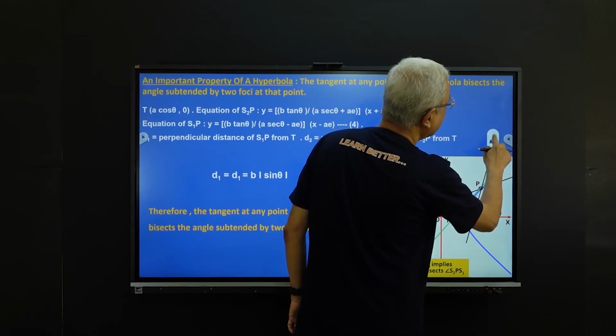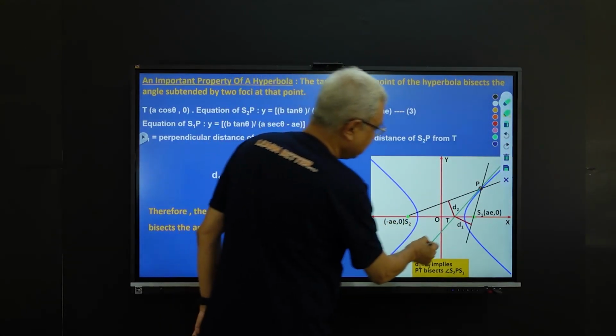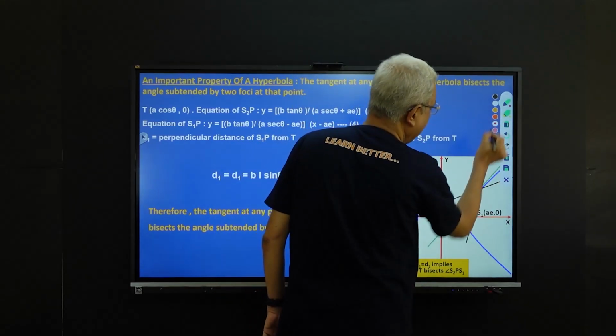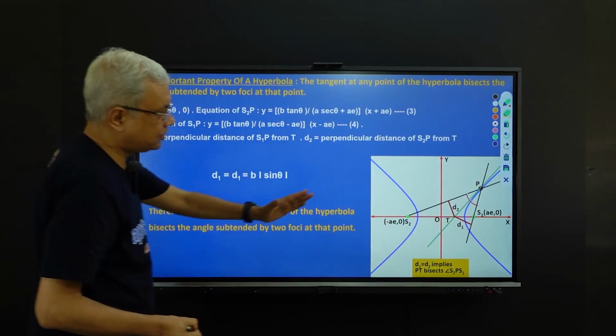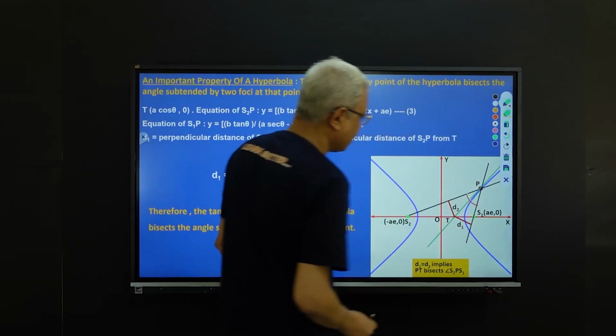That means this line is the angular bisector of this angle. So line PT is the angular bisector of the angle S2P S1.